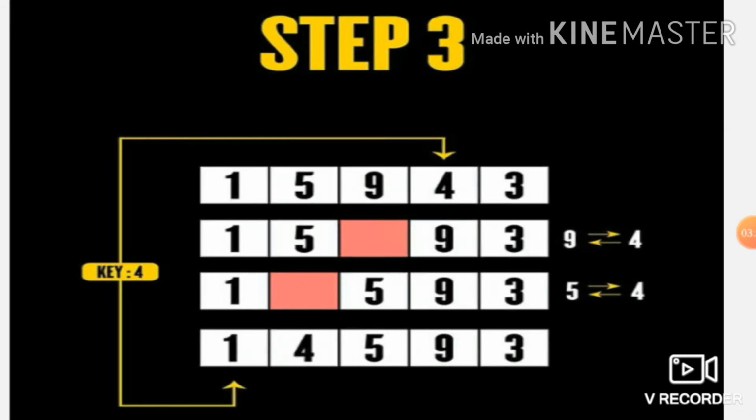In the next step, we already swapped 1, 5, 9. Here we have to sort 4 and 3. In this step, we take key as 4, which is the pivot. 4 compares with 9 first, where 9 is greater than 4. So 9 got swapped, whereas 4 remains there only.